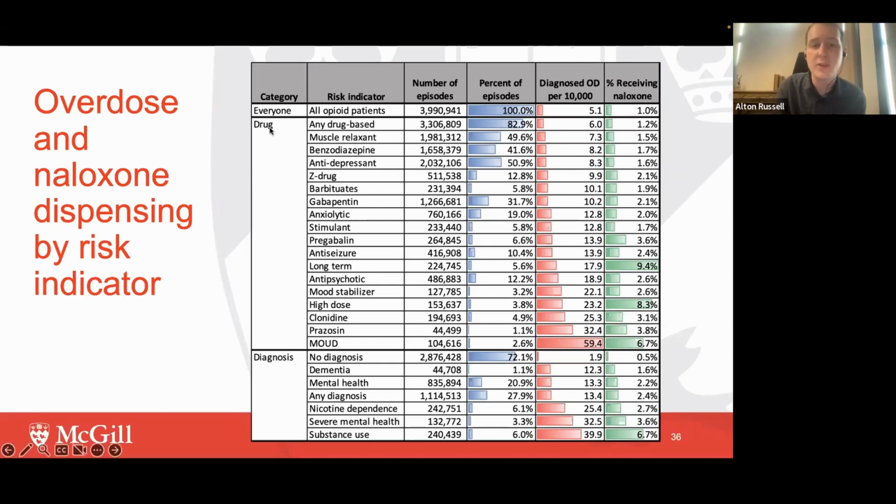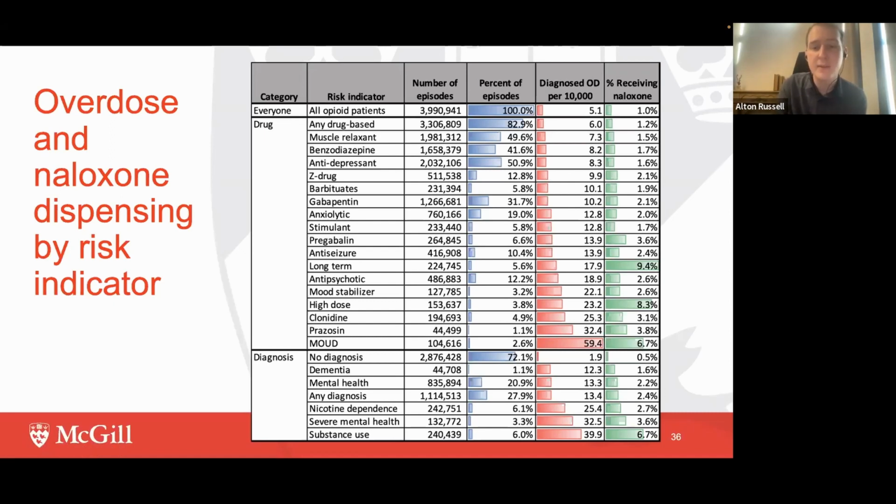Looking at the drug-based risk indicators, I've sorted them according to the diagnosed overdose rate. Medications for opioid use disorder, MOUD, had by far the highest rate of overdoses. It's only 2.6% of the episodes, and about 6 or 7% of them in the base case did receive naloxone.